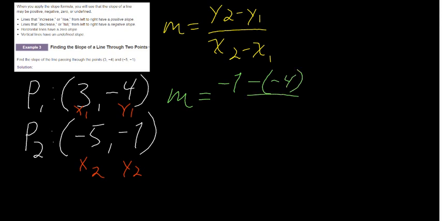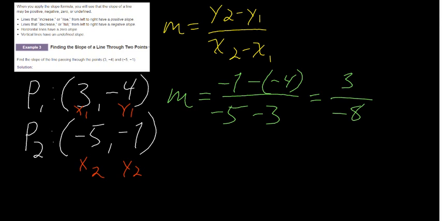That's just what it's going to be. So we have -1 minus a -4 over -5 minus a 3. The arithmetic: -1 minus a -4 is -1 plus 4, so that's 3, over -5 minus 3, which is -8.